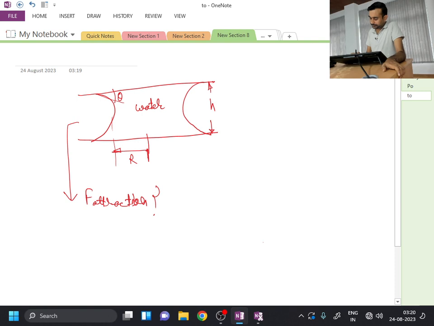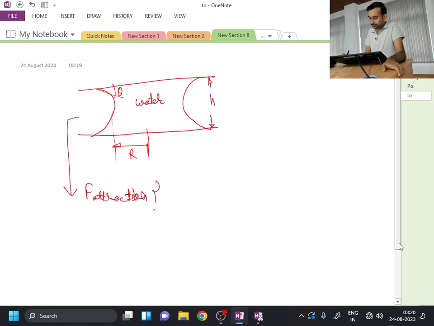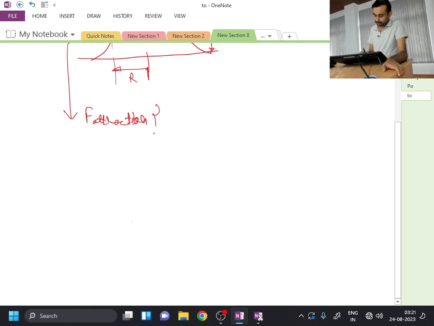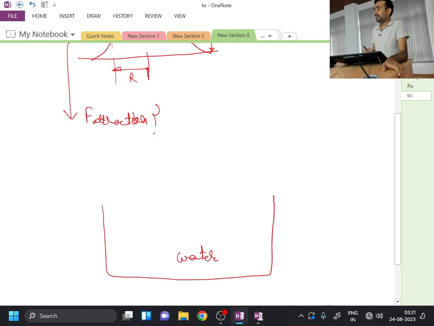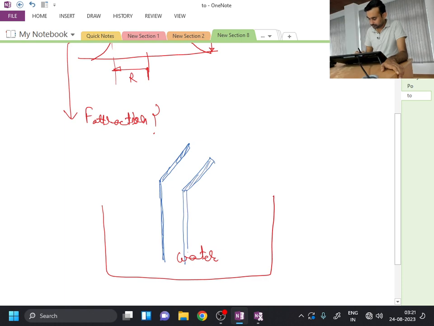The second problem is this: you have a big container of water, and inside this container you have two large horizontal plates. These two plates have spacing W between each other, and B is the width of the plates.